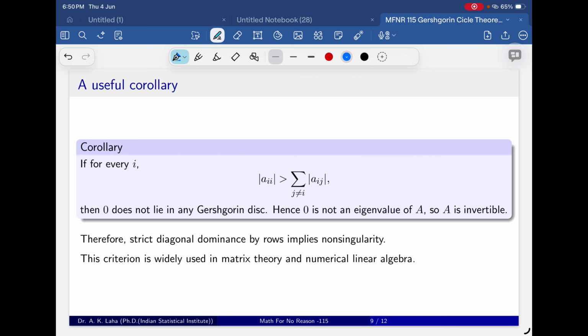There is a very simple and interesting way of checking whether a matrix is invertible using the Gershgorin circle theorem.